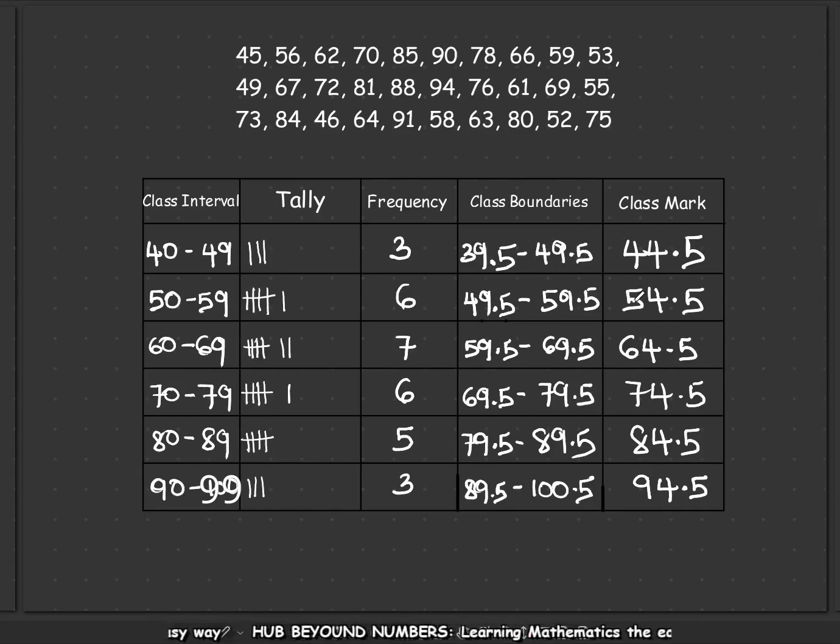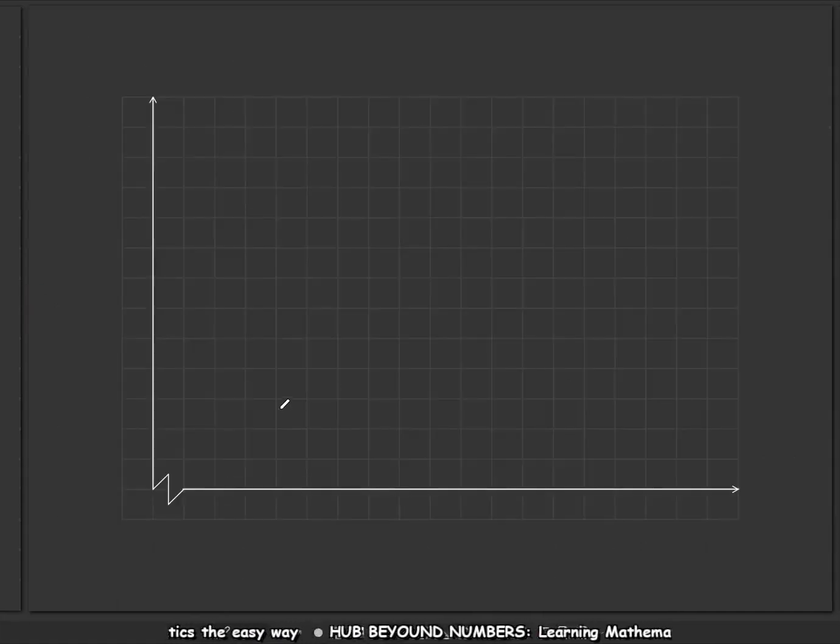So let's go to the main thing we want to do in this video. To do that, you need your graph sheet, your pencil, and your ruler. This is what I have here as my graph. As usual, we need our x-axis and our y-axis, and we need to label them as well.